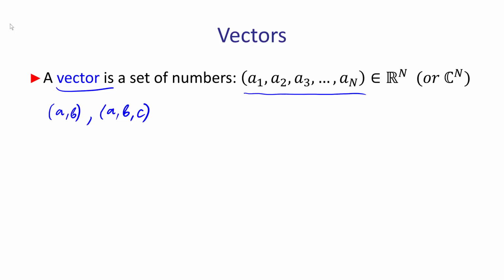Each of those numbers or elements of that set should belong to real numbers or complex numbers. So technically, this sign means belongs to R multiplied by R multiplied multiple times by R, n times.